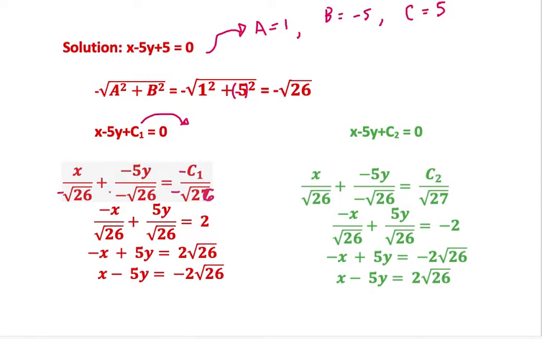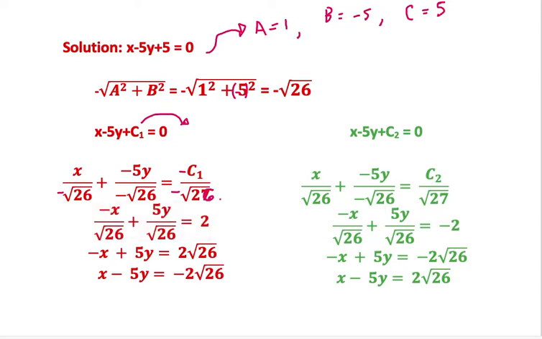Then let us simplify this one. So, x divided by negative square root of 26, that would become negative x over square root of 26, plus negative 5y all over negative square root of 26. We all know that negative divided by negative would become positive. So, 5y over square root of 26. So, what happened?